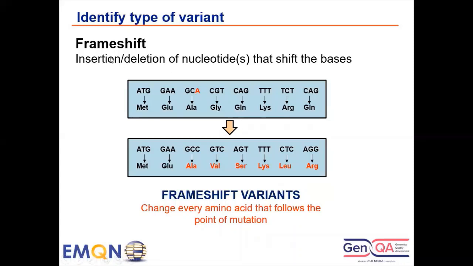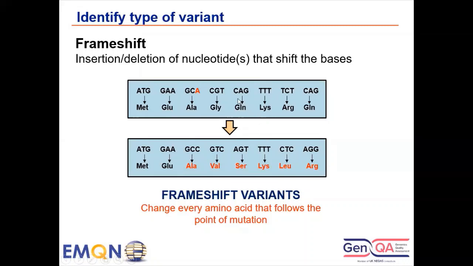Next, there are also deletions or insertions that may occur, and the first type are frame shifts, which cause a shift in the reading frame, so that there is a shift of the bases, and hereby there is a complete change of the amino acids after the point of the mutation, where the deletion takes place. So you see that a completely different amino acid sequence is generated.